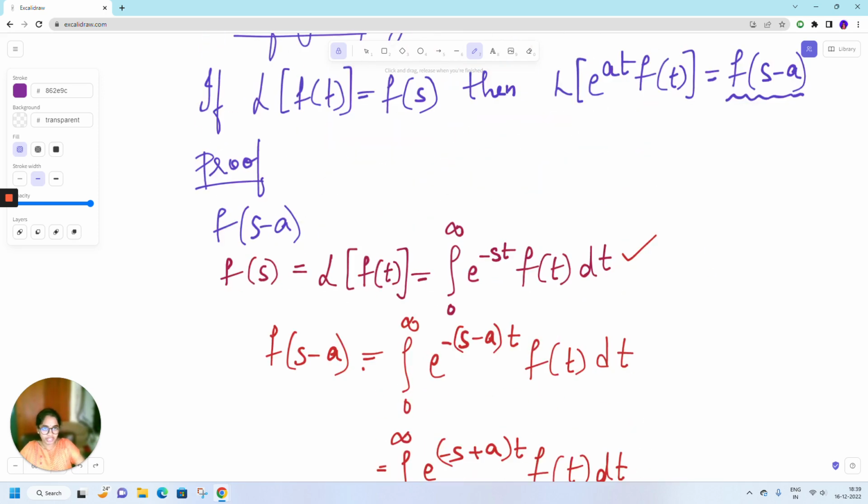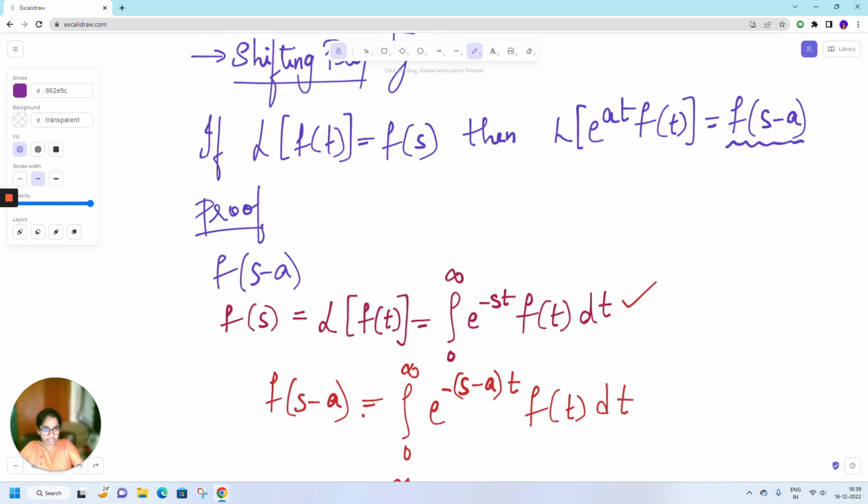Did we arrive at the LHS? Yes, we arrived at the LHS. So what does this shifting property say? Basically, shifting property is used to find Laplace of functions when you have the function in this form.